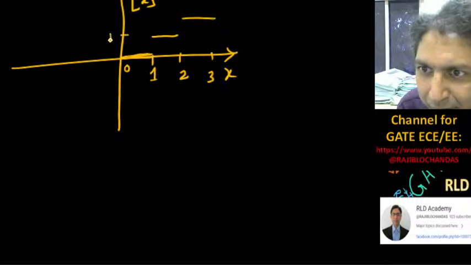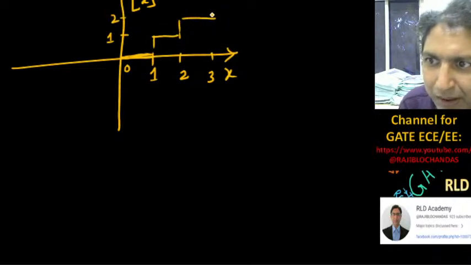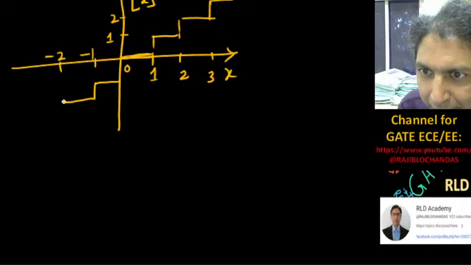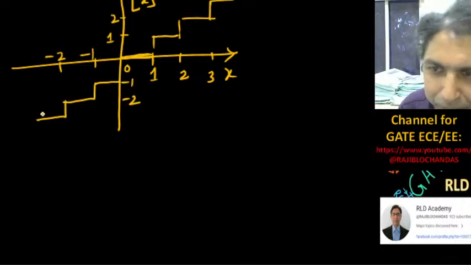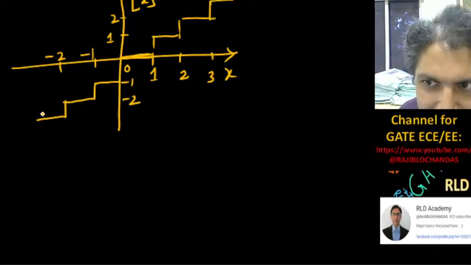This is 1 and this is 2, like that. So it is increasing stepwise, then it will be 4, like that. And on the left-hand side it is minus 1. So from minus 1 to 0, its integer value is minus 1. Then from minus 2 to minus 1, its value will be minus 2, like that. So be careful about the negative side.